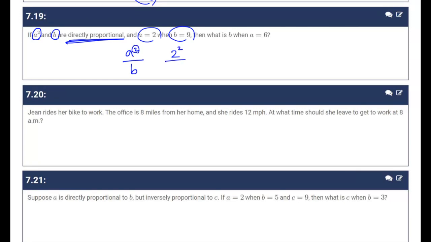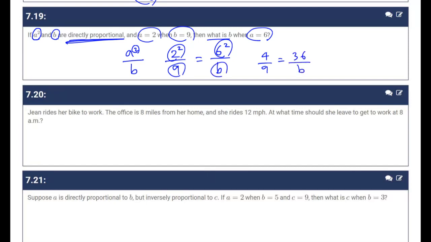That's just 9 right there. Now, what is b? So b should be down there. When a is 6, well, don't forget to square again. So 2 squared is 4 over 9. And we know 6 squared equals 36 over b, right?